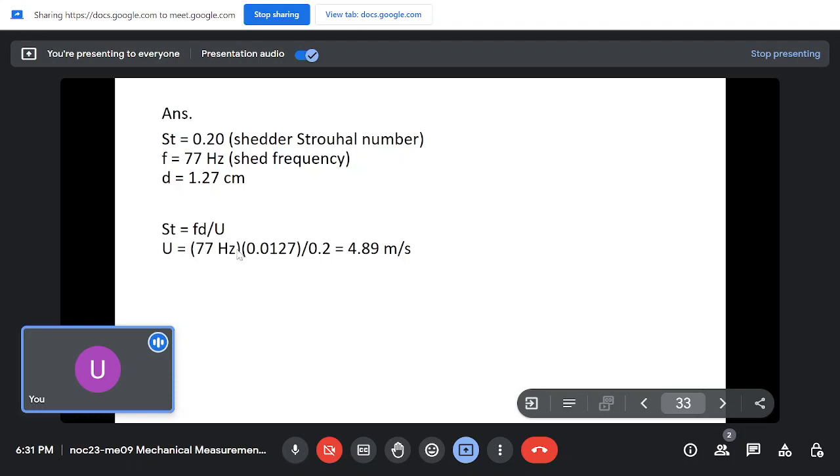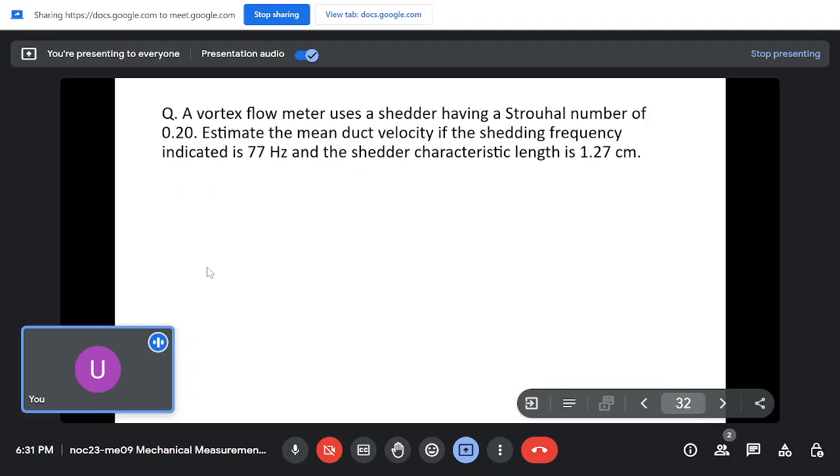The shedding frequency 77, times the characteristic length converted into meter, 1.27 divided by 100, gives 0.0127 meter, divided by the Strouhal number 0.2. So we get 4.89 meters per second. That is the mean duct velocity of the flow, which has been asked.